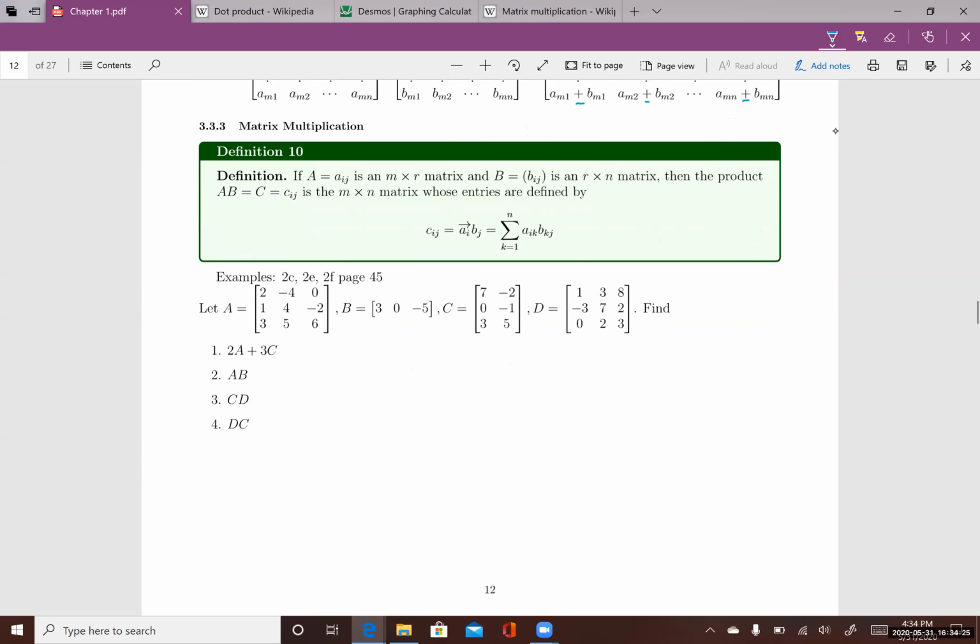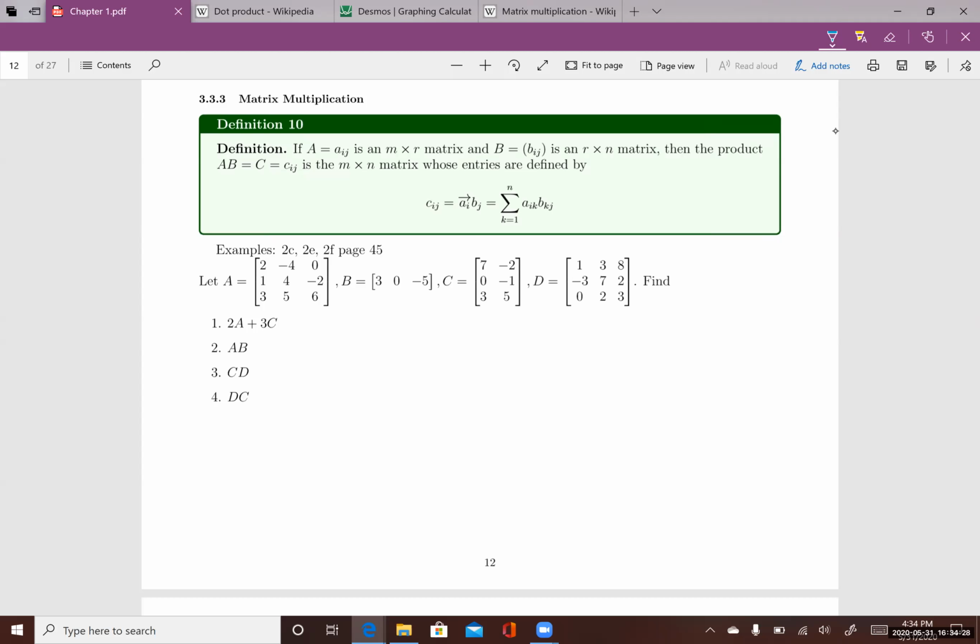And the next arithmetic operation of matrices is matrix multiplication. Before we can multiply two matrices, we need to make sure that the sizes or dimensions of the two matrices work. How does it work?